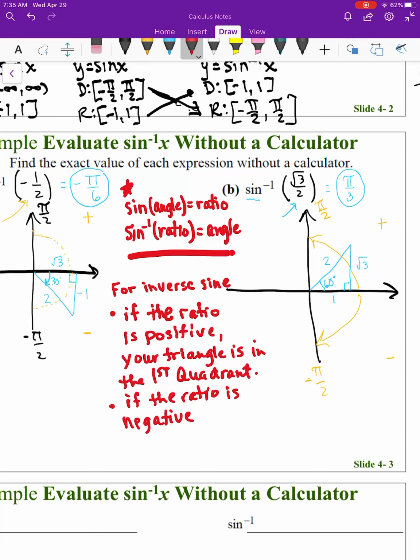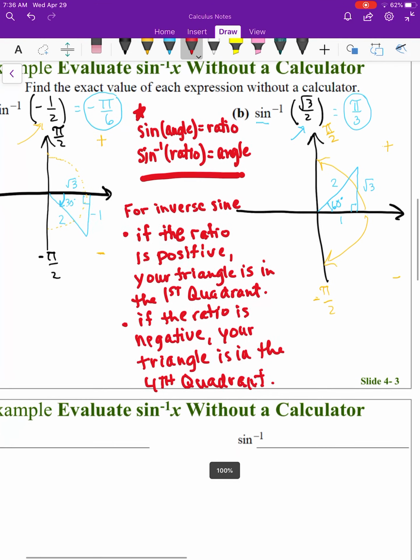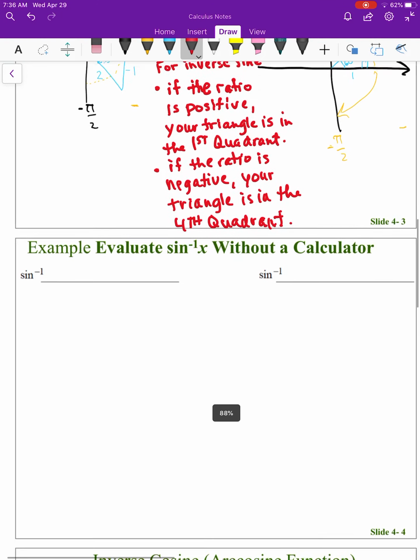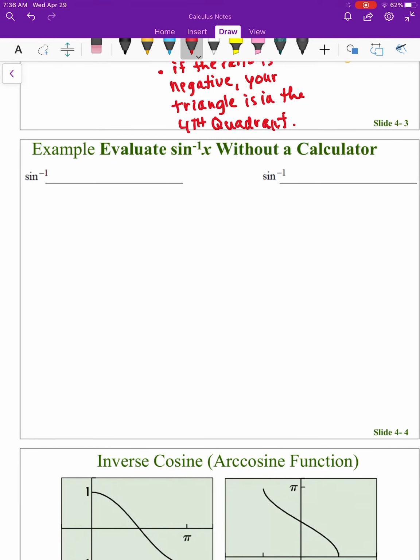If the ratio is negative, your triangle is in the fourth quadrant. Okay, so that basically tells you exactly what to do when you're solving an inverse sine.